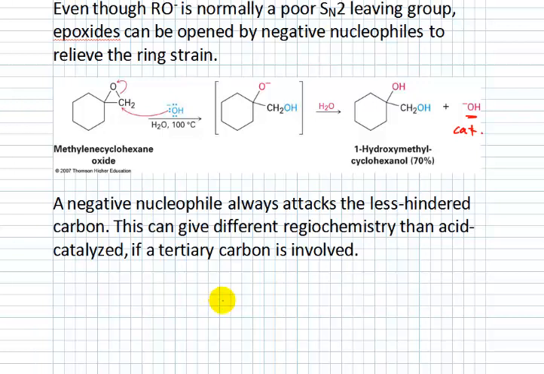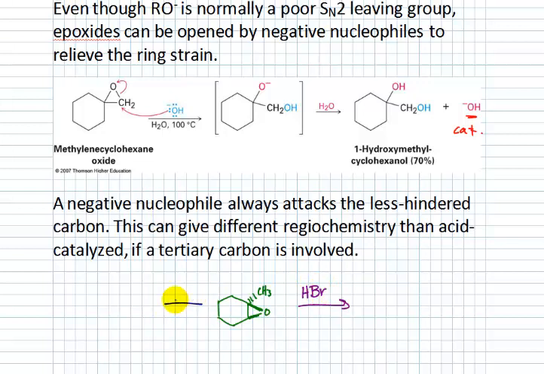If I have an epoxide like this one, let's do the same one we've been doing before with methyl back and the epoxide forward. I have a tertiary and a secondary carbon right there. So I can imagine two different reactions. One that's acid catalyzed, so let's just say HBr, and that's it.